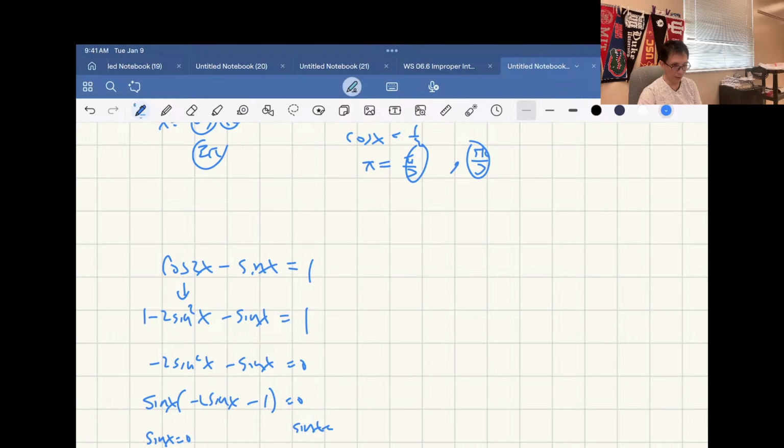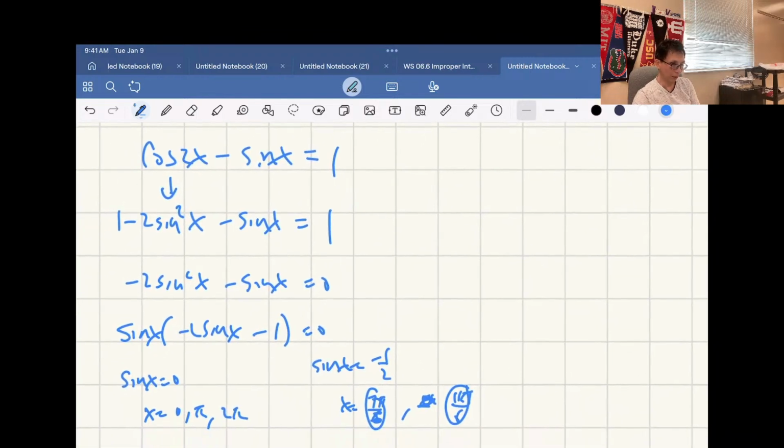Sine of x equal to negative 1/2 gives x equal to 7 pi over 6 and 11 pi over 6, I mistyped earlier.